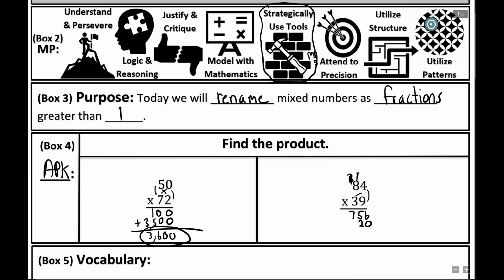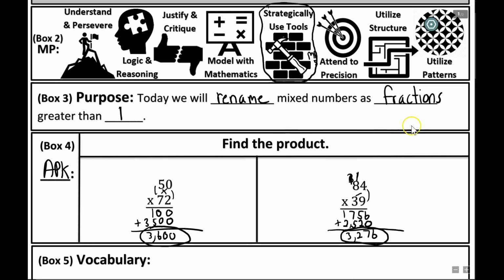Put the 1 on top. 3 times 8 is 24, plus 1 is 25. Okay. Add these together. 6, 7, 2, and 1. I get 3,276.